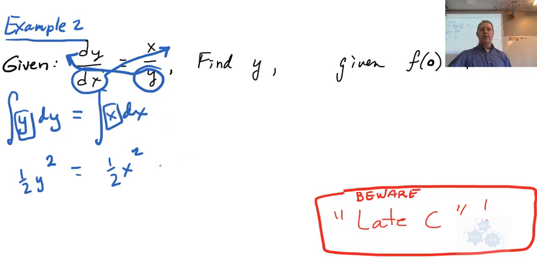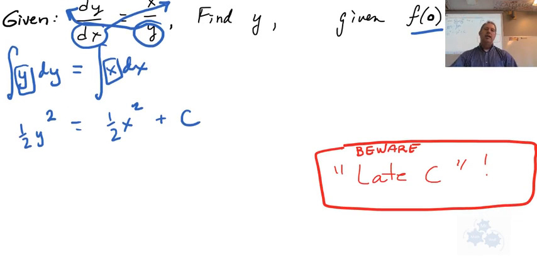All right, so we have to remember that we have to add a constant, because when you integrate, there's going to be some constant. And we're going to find out what that constant is right now when we substitute these initial conditions. Now, let me explain what the late c means, okay? Sometimes students leave solving for the constant until later. Don't write this down, but this is what they do.